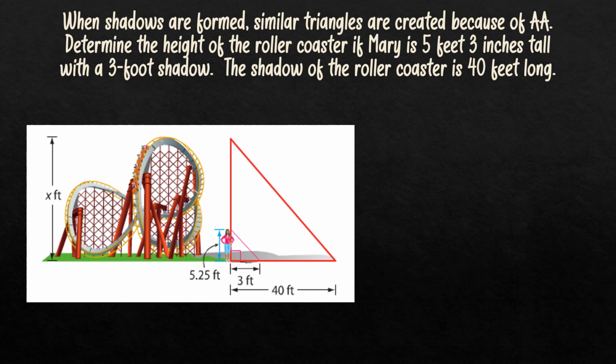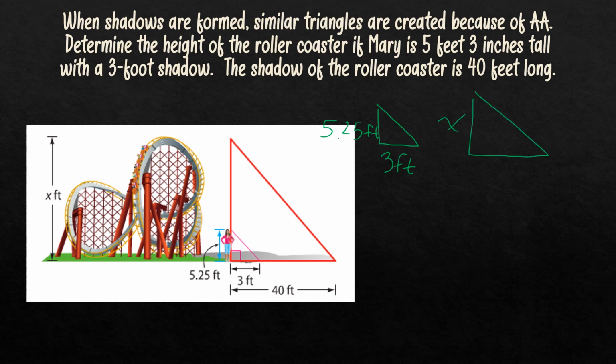So we have two different triangles, right? We have the triangle formed by Mary and her shadow. So she's 5 foot 3 inches, which is 5.25 feet tall, and her shadow is 3 feet long. And then we have the triangle formed by the roller coaster.